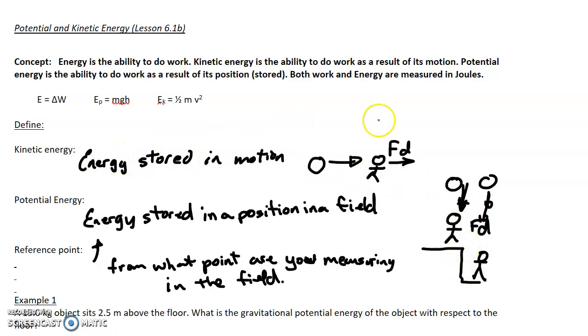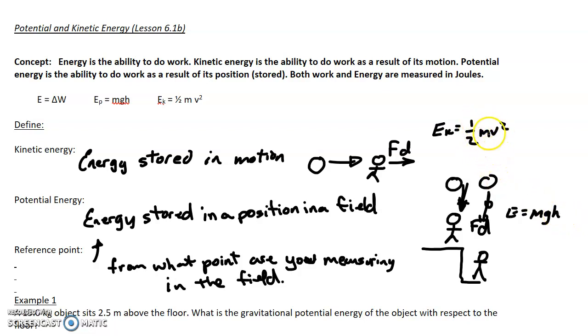So kinetic energy is essentially just 1/2 mv squared. That is the formula that we're going to be using for that. And for potential energy, we're going to use mgh. These are basically force, ma, times distance.